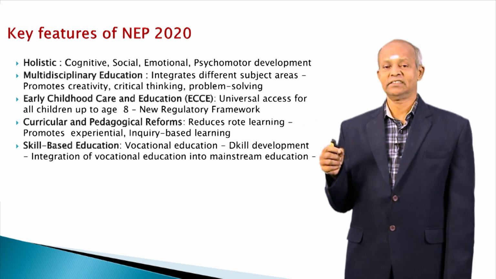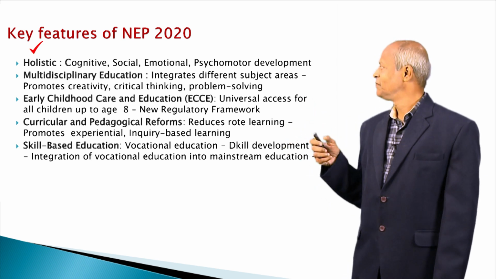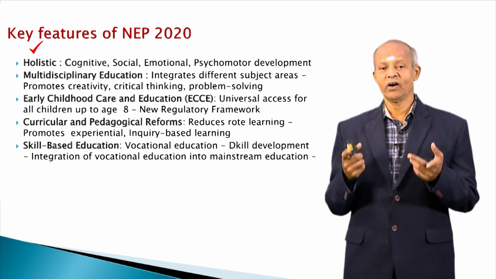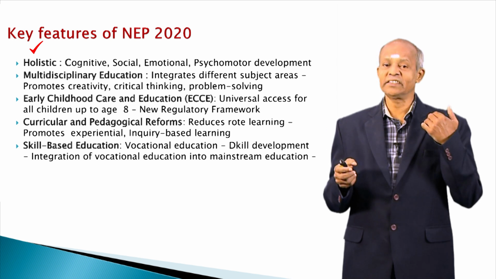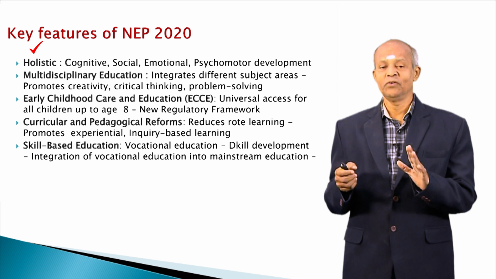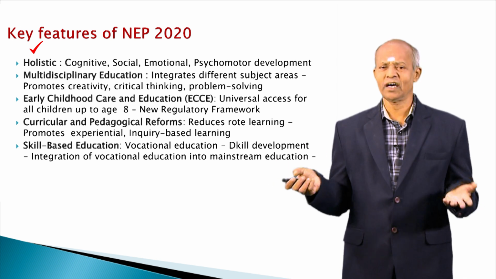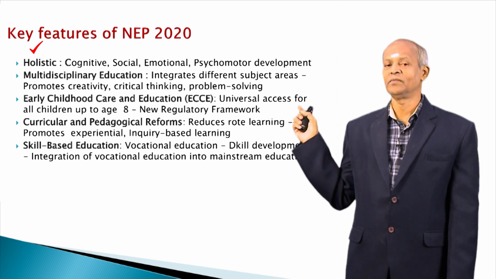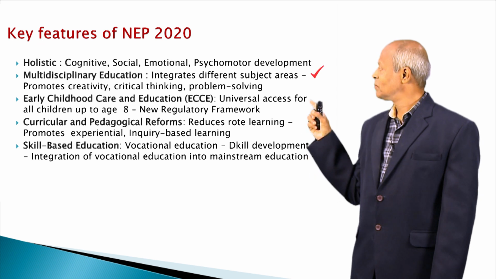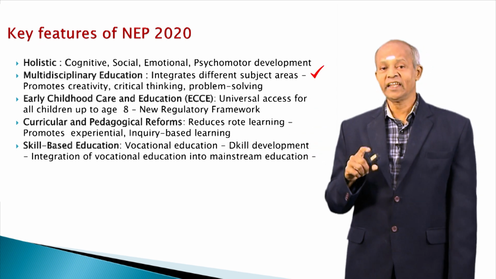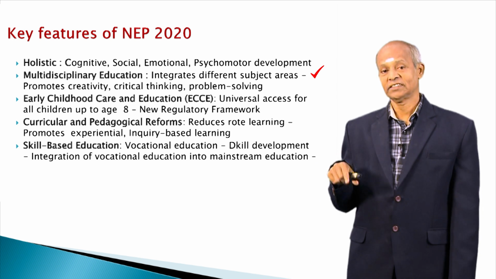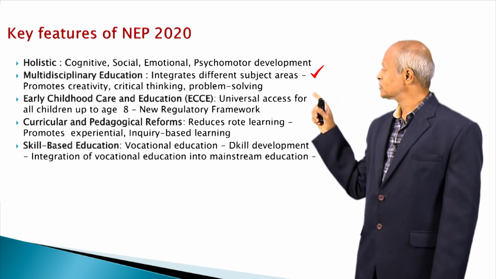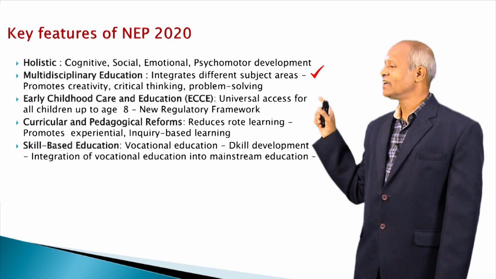And the key features. It is holistic. Holistic means it will give equal importance to the cognitive, affective and psychomotor domains. Cognitive means the brain, affective the heart, psychomotor the hand. So, head, heart, hand, that is called holistic education. And multidisciplinary is integrating all the domains, the sciences, arts, humanities, etc. And it promotes creativity, critical thinking and problem solving.